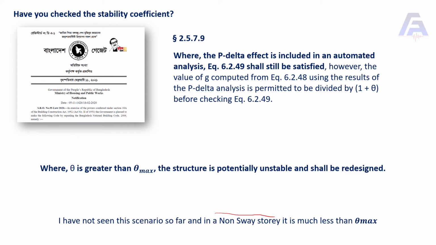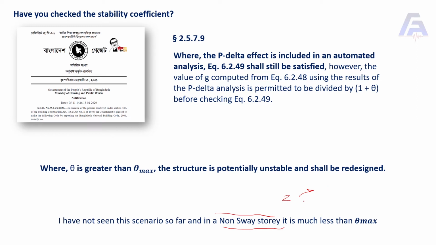But before jumping into how we can check this in ETABS software, I want to give some explanations about the sway and non-sway stories and how BNBC approaches this matter. This is important because of two reasons. First of all, if you are not using ETABS for your design and you want to make hand calculations, sometimes, especially in slender columns, you need to increase your moments by a factor, and that factor is a function of sway or non-sway behavior of your story.